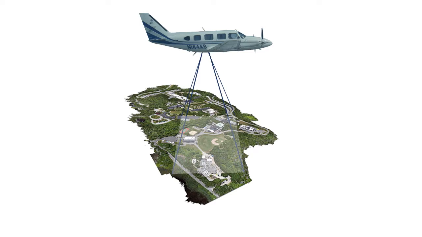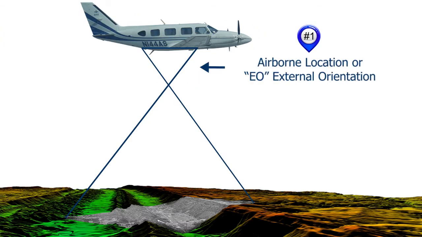So the first part, orthoimagery. That's the process of taking airborne pixels and projecting them in the right place on the ground. You need three things for that to happen. So you need the airborne location and orientation, or the EO, external orientation, to determine the location of the sensor.